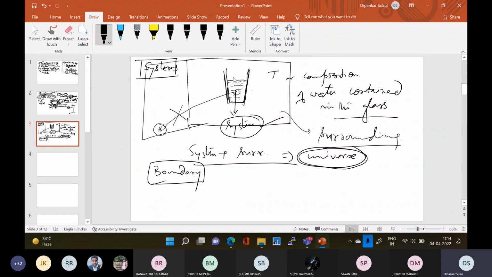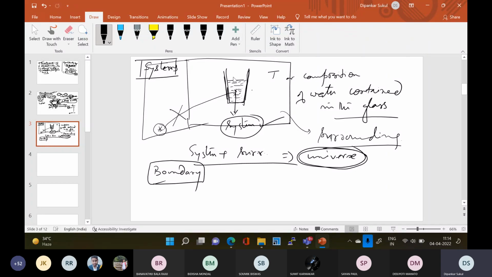And if your boundary is imaginary, then your surrounding also cannot be defined precisely.